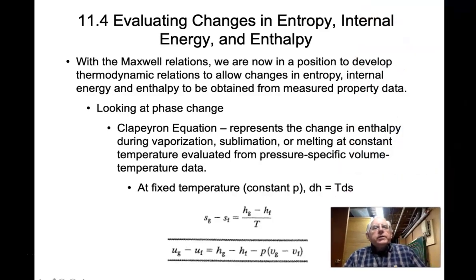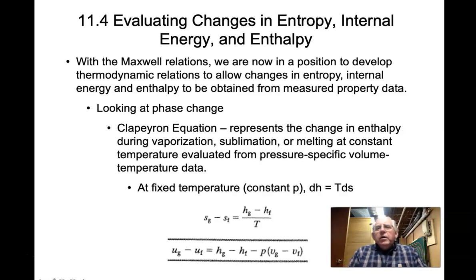Okay, in this next section, 11.4, what we are now interested in is looking at, with the help of the Maxwell relationships, developing some thermodynamic relationships to allow us to determine the changes of entropy, internal energy, and enthalpy from measured property data.